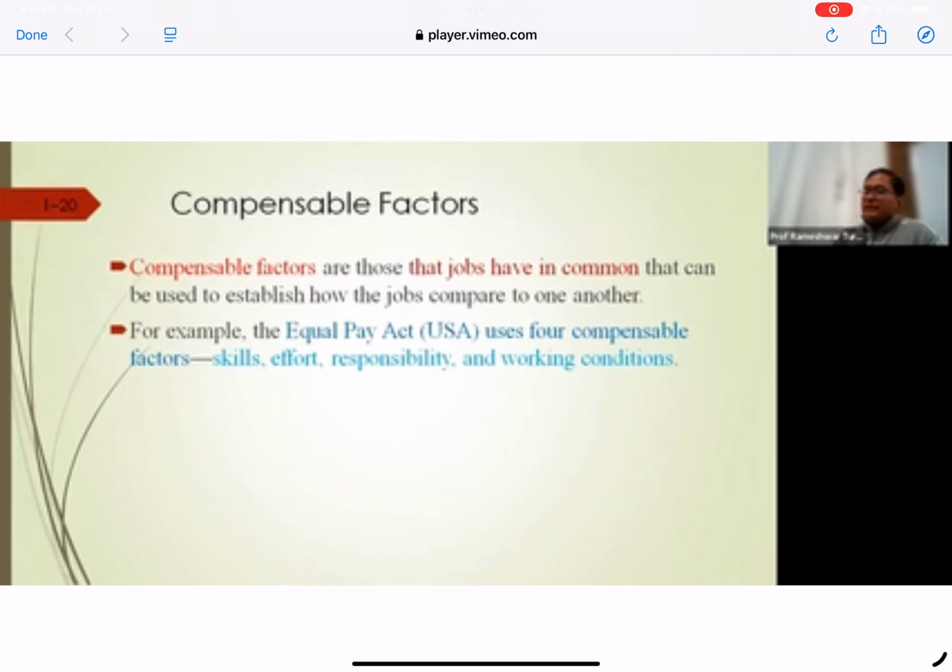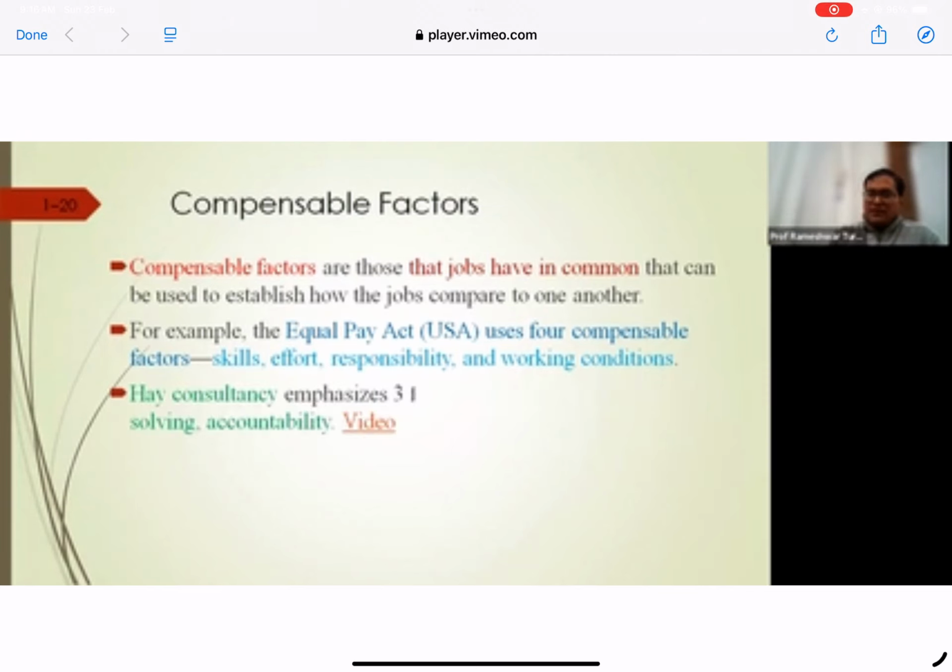For example, the Equal Pay Act in the United States of America uses four criteria: skill, effort, responsibility, and working conditions. They compare all the jobs based on these four. I have shown you the video of Hay Consultancy. They use three criteria: know-how, problem solving, and accountability.